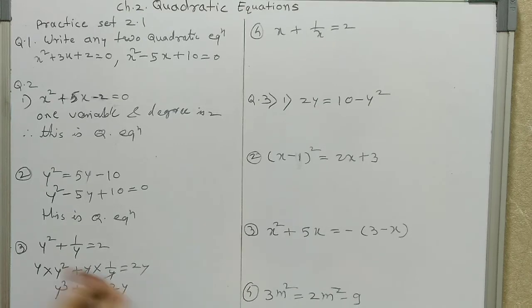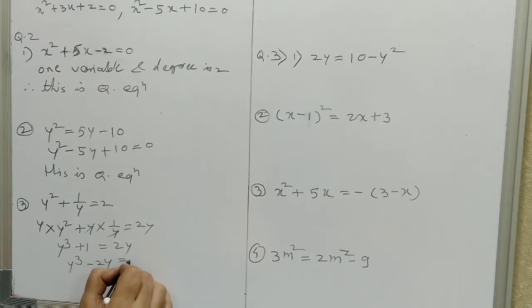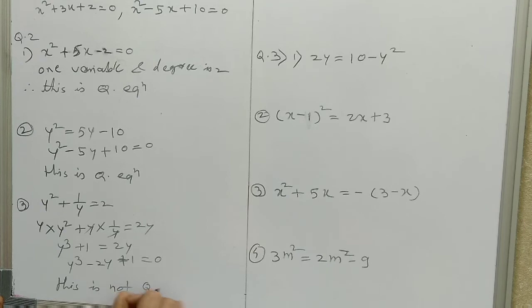So y cube minus 2y plus 1 is equal to 0. In this equation, see one variable but the maximum degree becomes 3. So this is not a quadratic equation. So we write here this is not a quadratic equation.